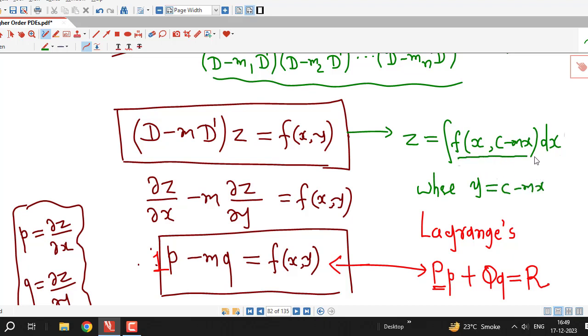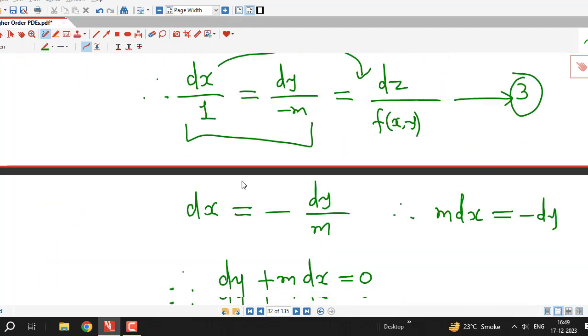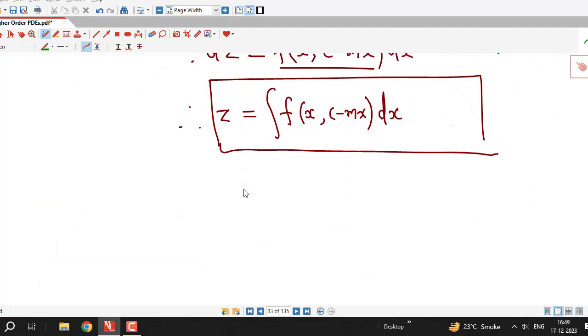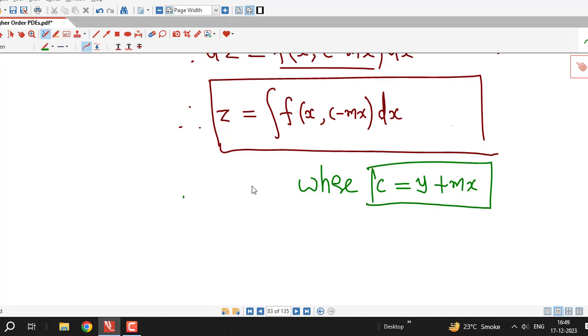So this we will integrate with respect to x, and after integration we will replace c by y plus mx. So that is nothing but the particular integral of this first order equation, which is the Lagrange linear equation, where c equals y plus mx. So this we will substitute after integration.